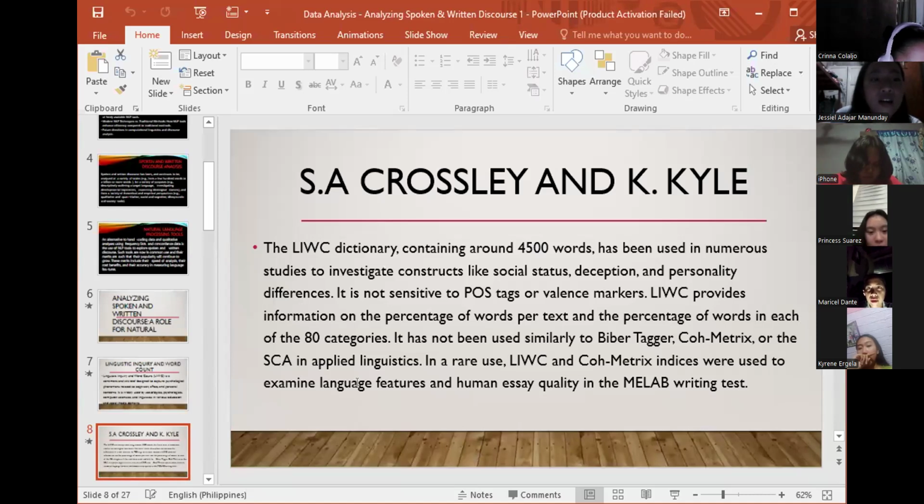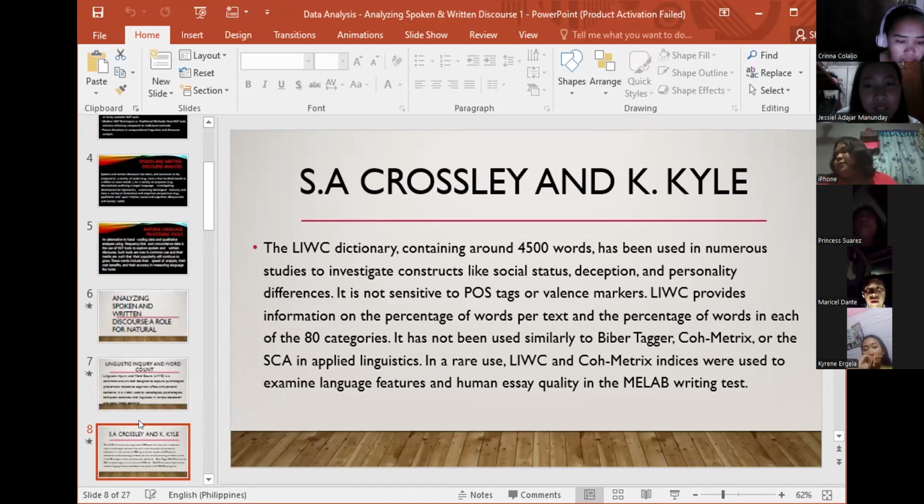LIWC provides information on the percentage of words per text and the percentage of words in each of 80 categories. And it has not been used similarly to Coh-Metrix or TAALES or the SALAT in applied linguistics.